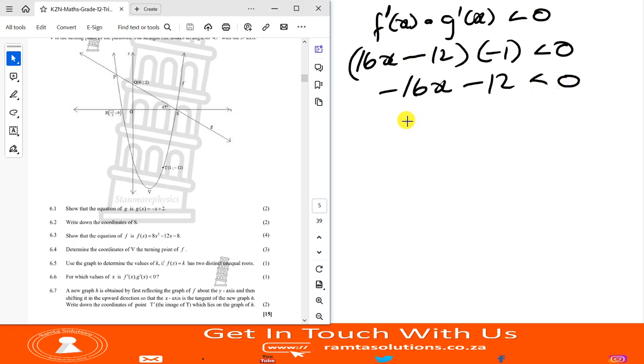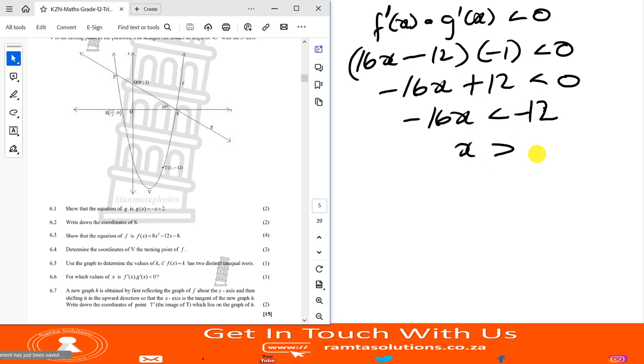Now what do we get? Negative 16x is less than positive 12. Because we divide by a negative, the direction will change. It'll become 12 over 16, not 16 over 12. To be precise, this is positive, my mistake.